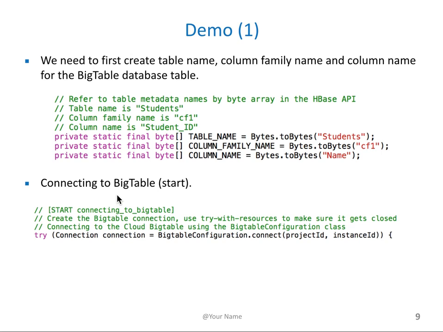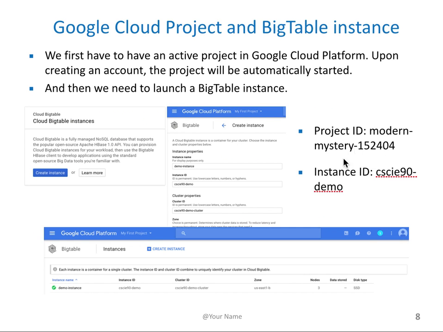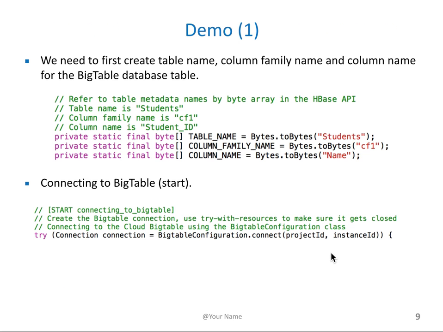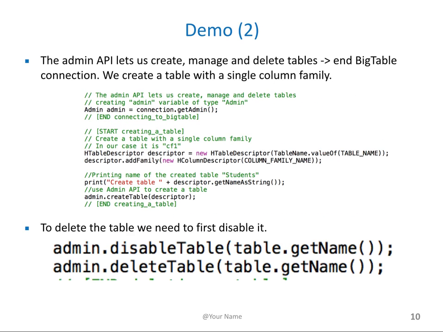We need to connect to our BigTable account, and this is the way to do this. Project ID and instance ID are from before, from here. This is done to make sure that the one connecting to it is me and not someone else. So we have an admin API.